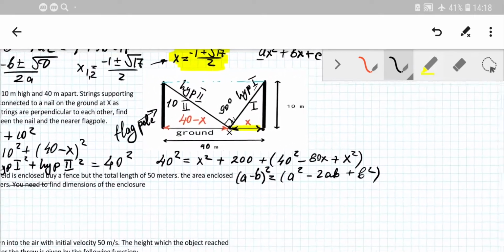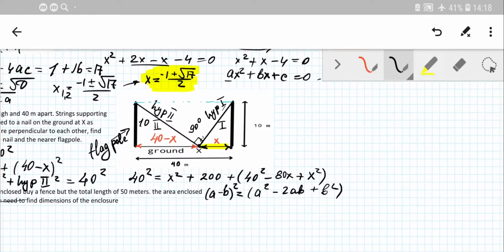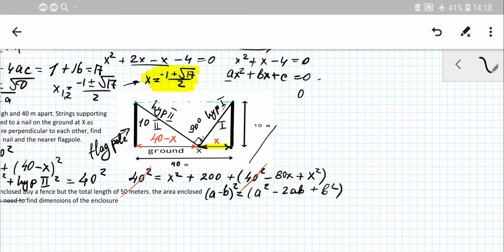All right, now when I expand the brackets, I can cancel, because now I don't need any brackets, so I can cancel 40 squared and 40 squared without any calculating. You see how you save your time. So now I've got the following. If I simplify what I have, x squared from here, if we add them up, we'll get 2x squared.